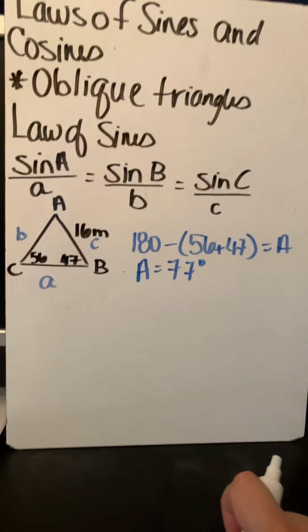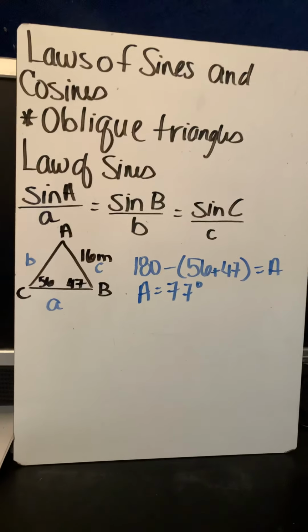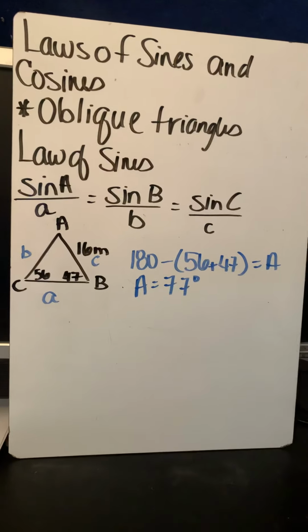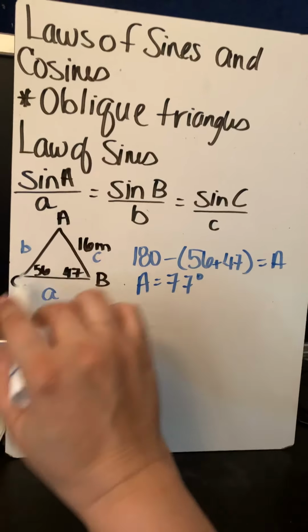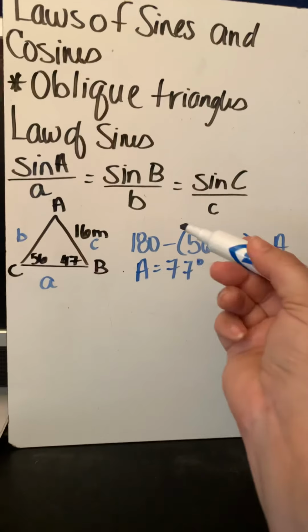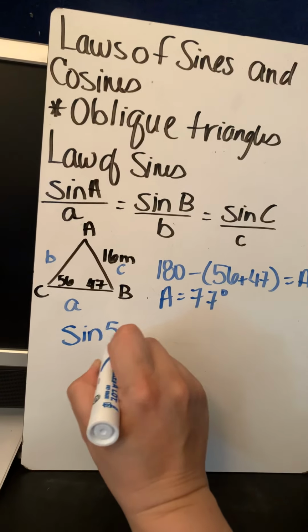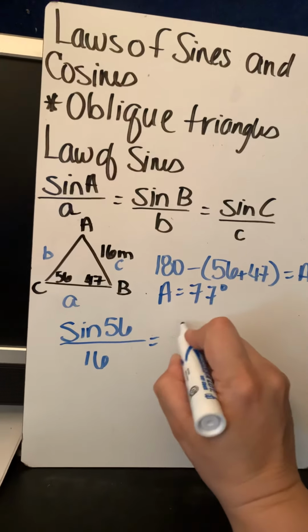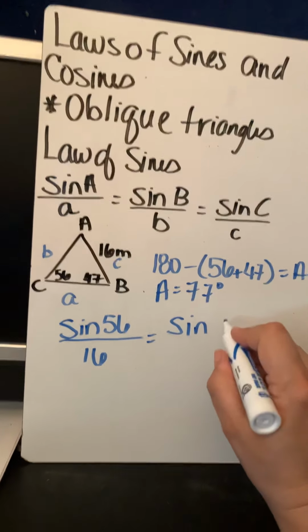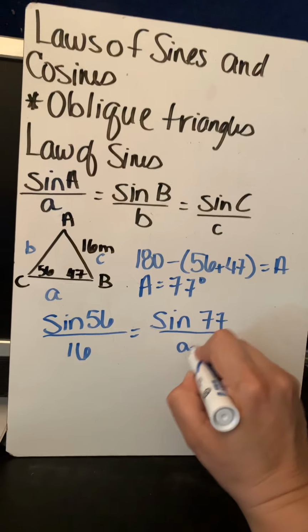Okay, so now all of these proportions are set equal to each other. So when you're setting up proportions, it's pretty simple. I know my big C and my little c, so I'm going to use that one. My sine big C over little c equals, let's find little a, my sine big A, which we just said was 77, over little a.